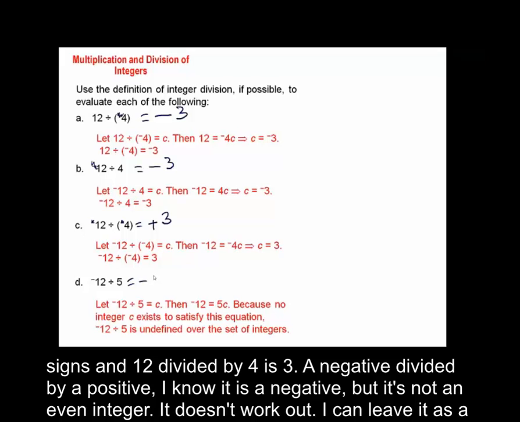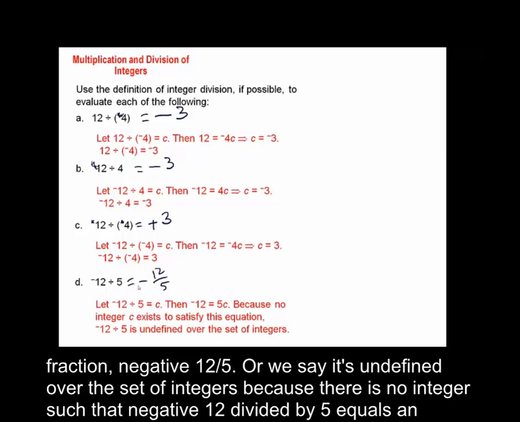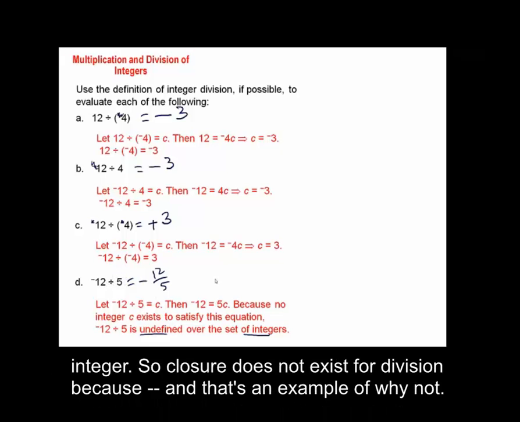It doesn't work out. I can leave it as a fraction, negative 12 fifths, or we just say it's undefined over the set of integers because there is no integer such that negative 12 divided by 5 equals an integer. So closure does not exist for division, and that's an example of why not.